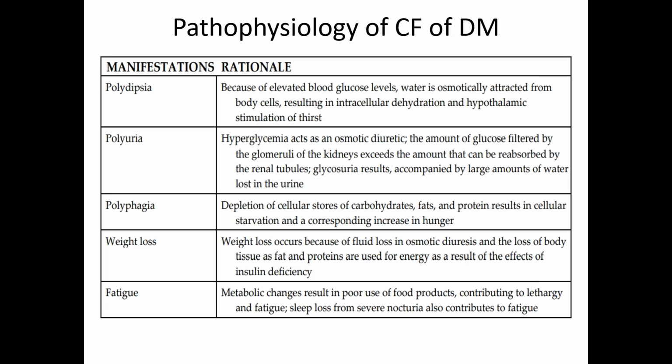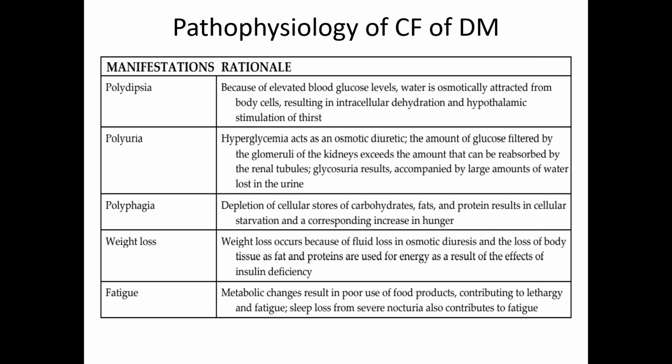Polydipsia, that is increased thirst, is because of elevated blood glucose levels. The glucose appears in urine when the renal threshold is reached, that is 180 milligrams per deciliter in the blood.